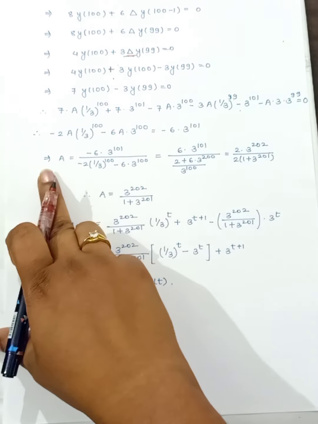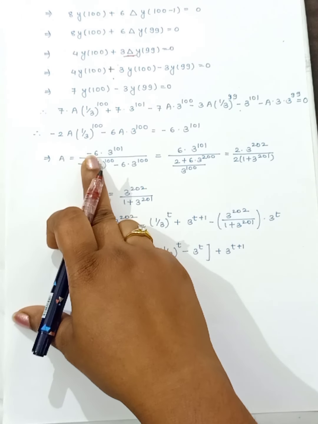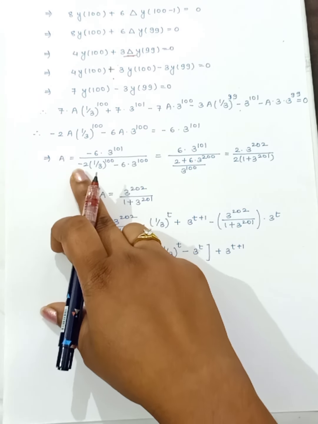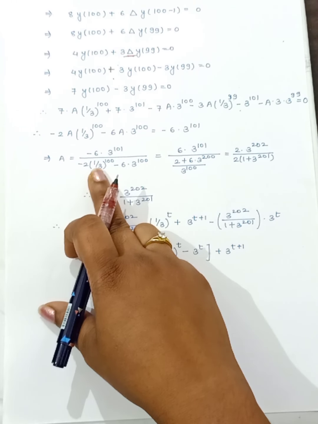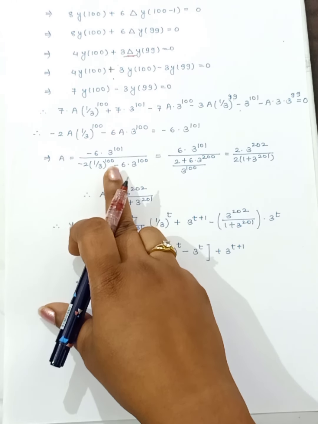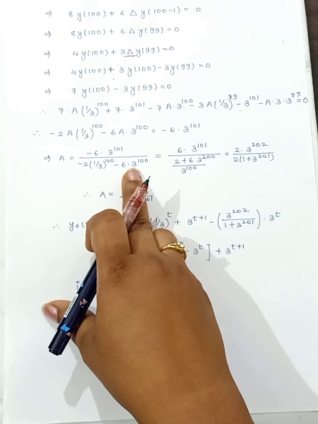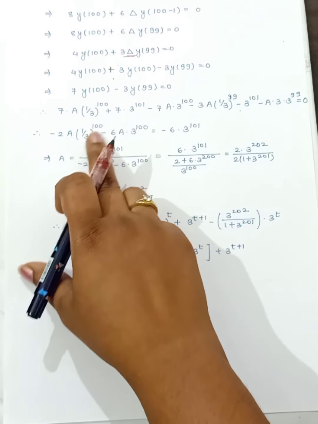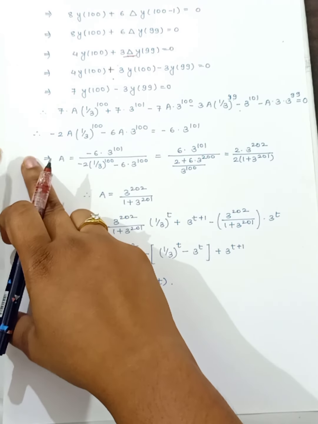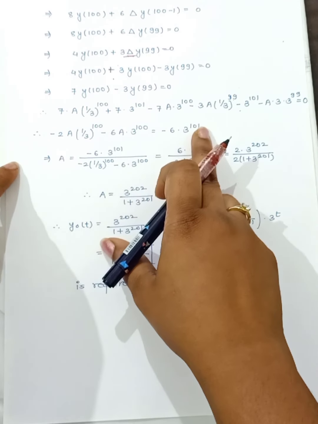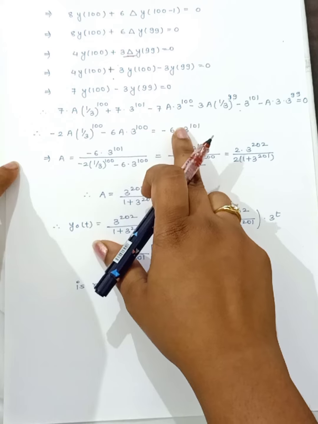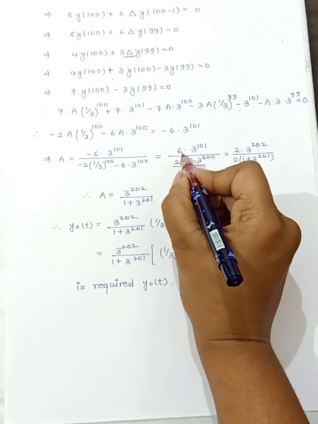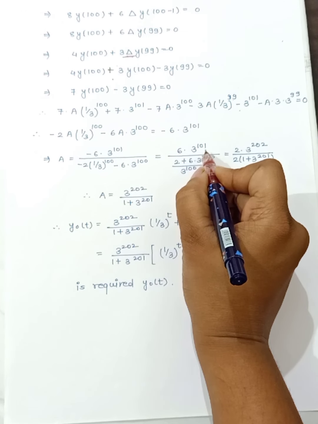So our a will be minus 6 into 3 to the power 101 upon minus 2 into 1 by 3 to the power 100 minus 6 into 3 to the power 100. या दोन्ही टर्ममधनं आपण ए कॉमन काढू. ए लेफ्ट साईडला आणि या दोन्ही टर्म आपण राईट साईडला पाठवू ह्याच्या डिनॉमिनेटरला. So therefore we will get 6 into 3 to the power 101.